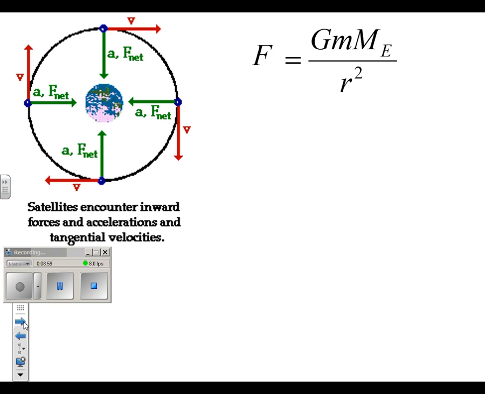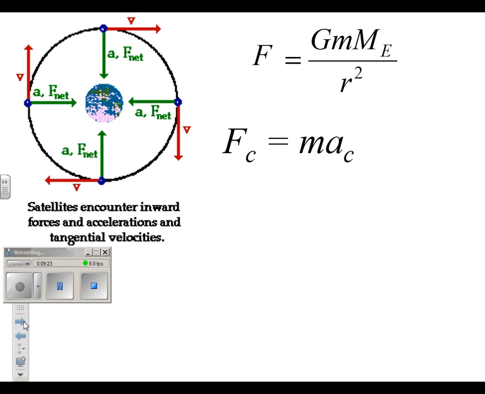So we could actually talk about the satellite and the Earth having a gravitational force with each other, and use our G m1 m2 over r squared formula. We could also talk about the centripetal force formula, which is now F equals ma, and we could put those formulas equal to each other.